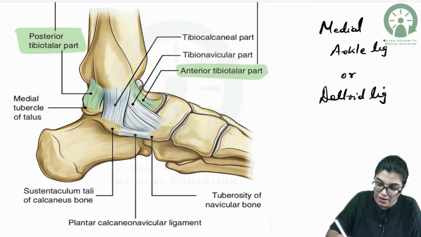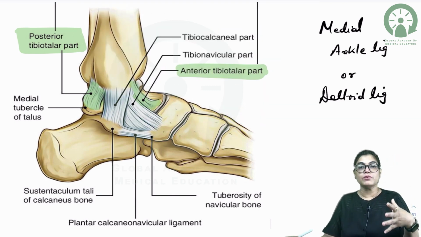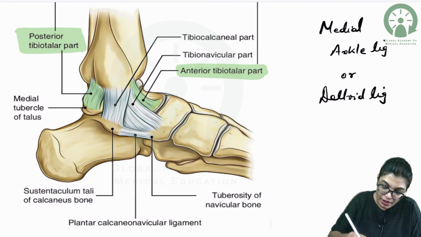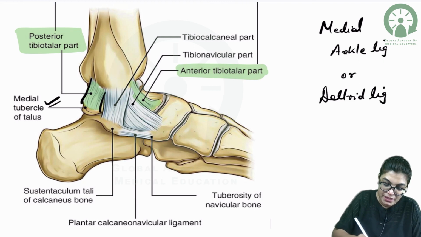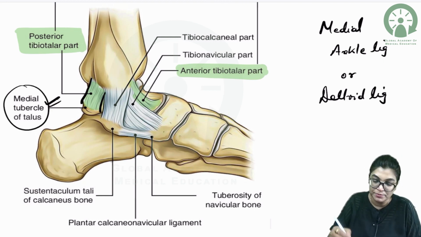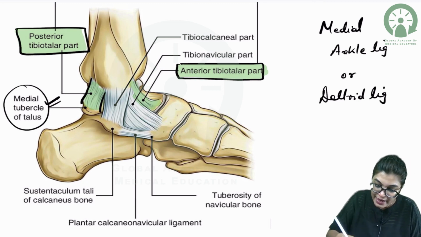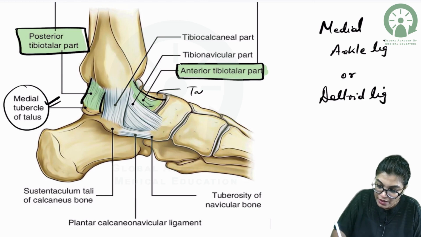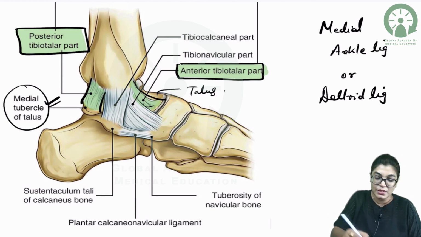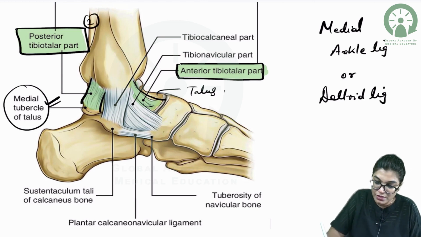Just remember the names. The posterior tibiotalar connects the medial malleolus superiorly to the medial tubercle of the talus bone posteriorly. The anterior tibiotalar lies on the anterior aspect and goes from the lower aspect of the medial malleolus towards the talus bone. These are the first and second components.